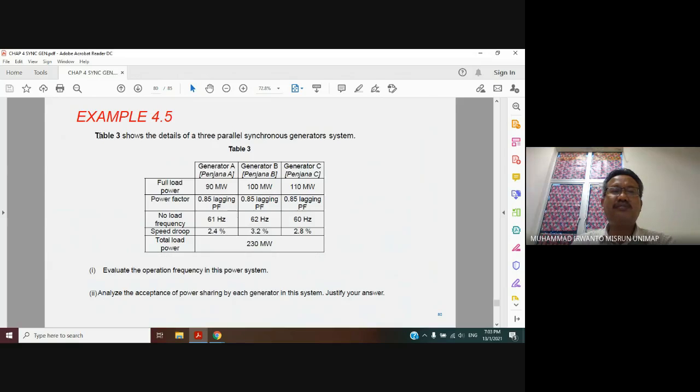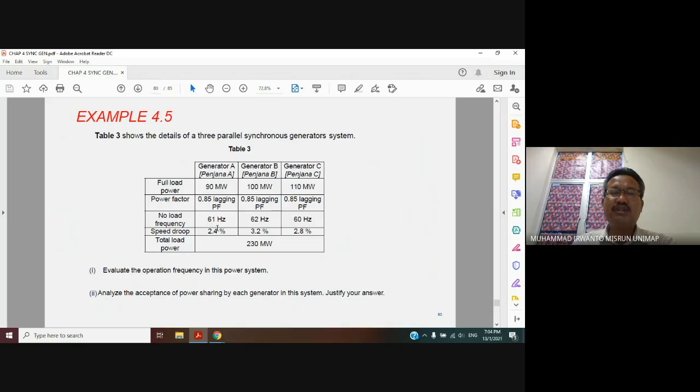Example 4.5. Table 3 shows the details of 3 parallel synchronous generators. This one is generator A. For the parameters, the full load power is given here, as well as the power factor, no load frequency, speed drop, and total load power.